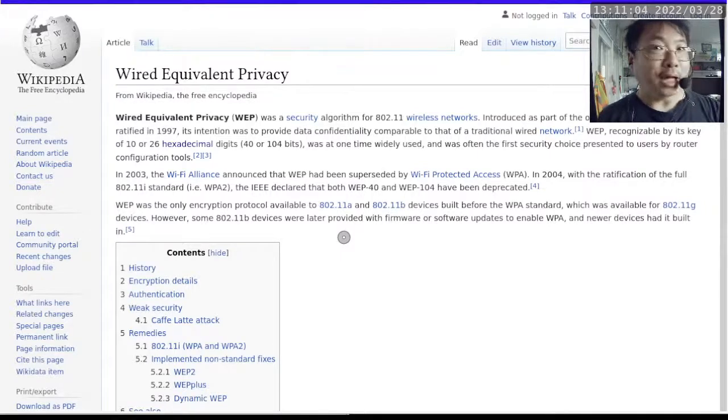It depends on traffic. If you use your internet as if you have a 1200 bps modem, it might take a while to break even WEP because your traffic volume is just not there to support the cracking.